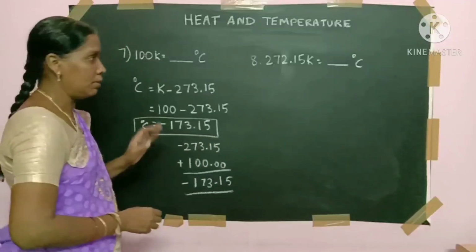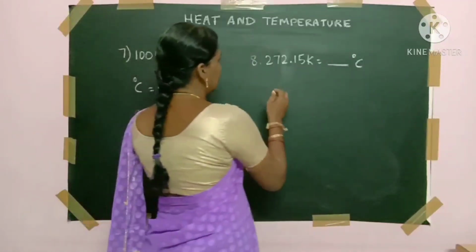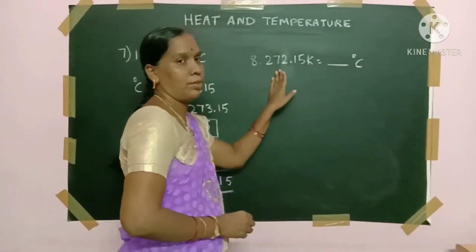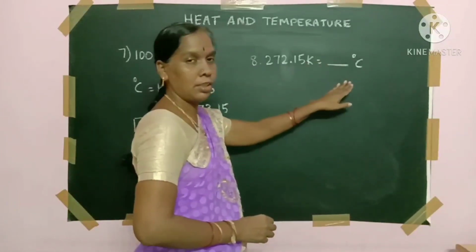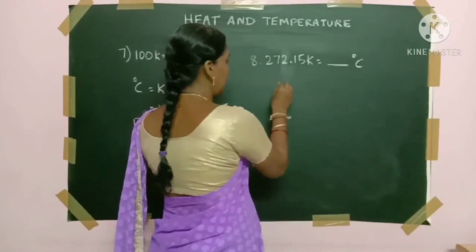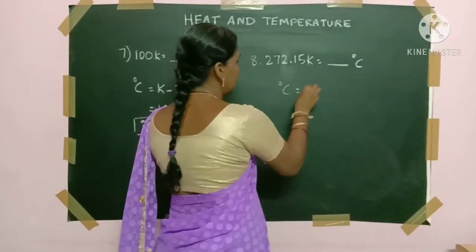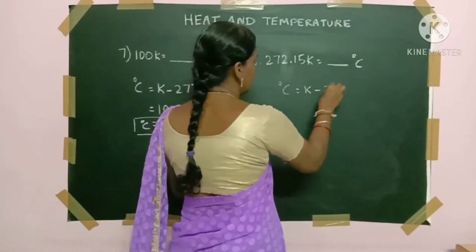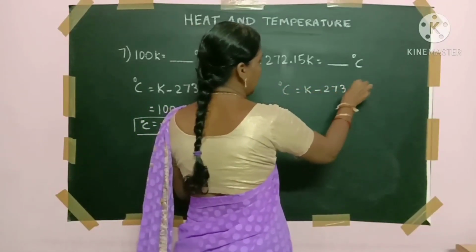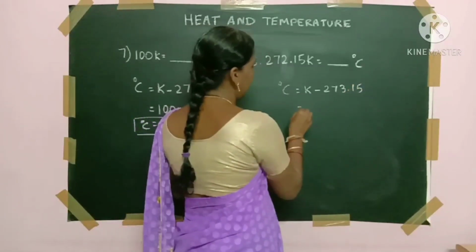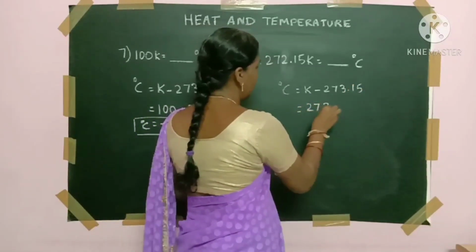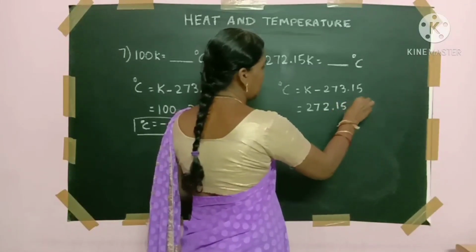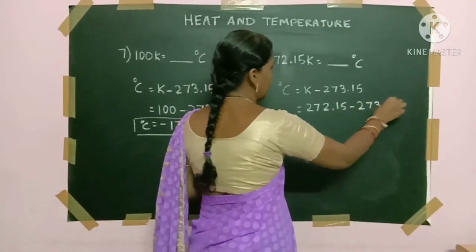Similarly, the last sum. 272.15 Kelvin, you have to convert it into centigrade. Write the formula: degree C is equal to K minus 273.15. Substitute the value: 272.15 minus 273.15.